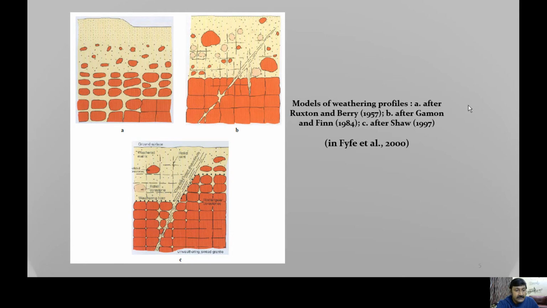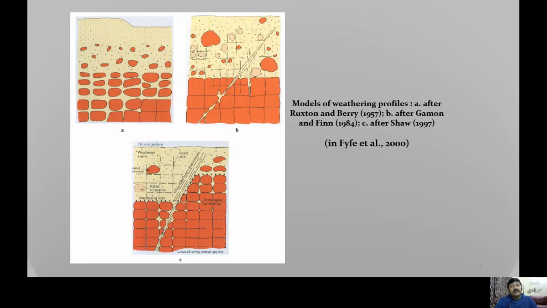Now here we can see that the weathering front is appearing at different depths, or in other words, the bedrock is appearing at different depths, although the two locations are not very far with respect to each other.